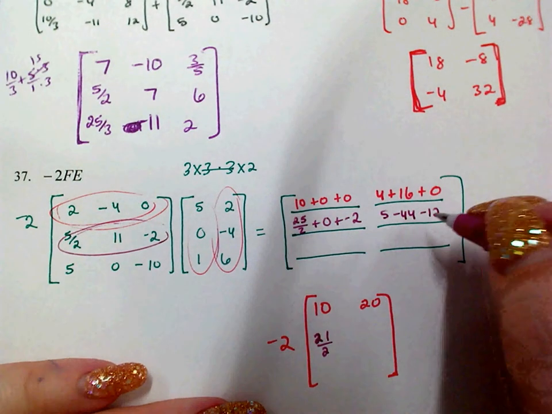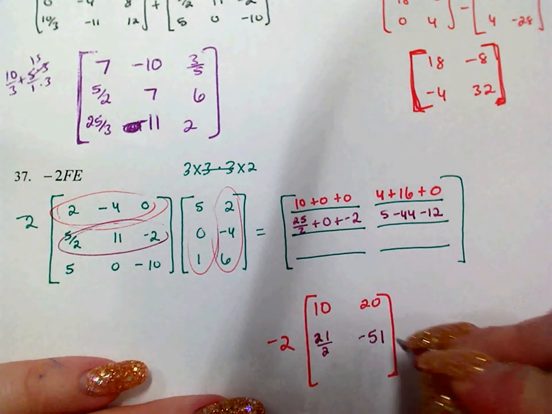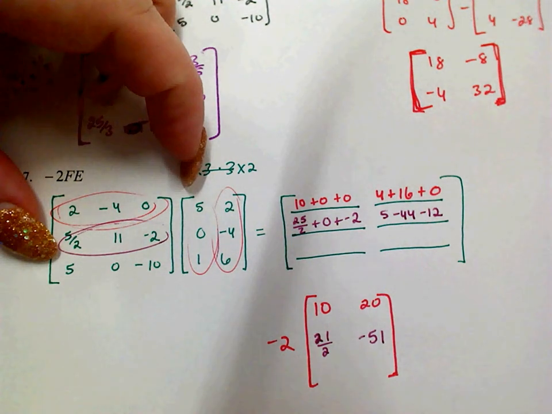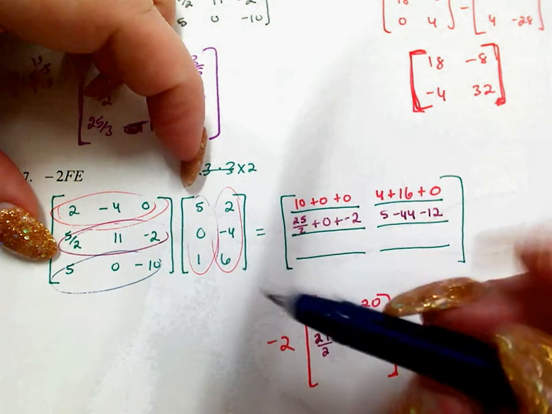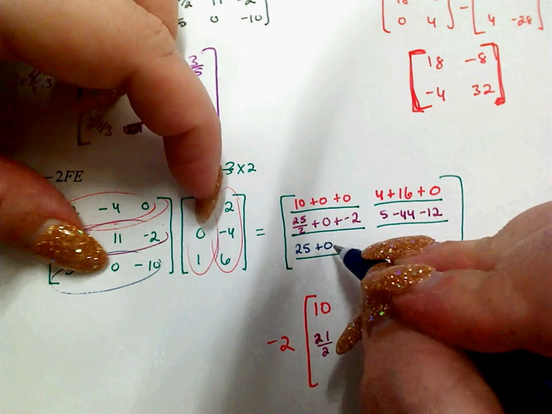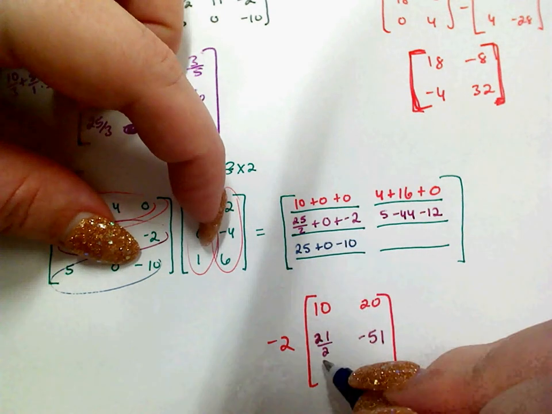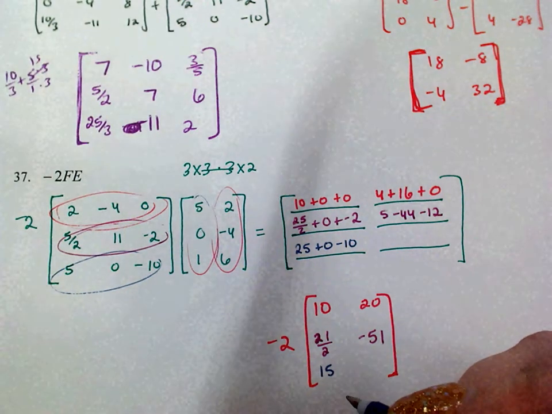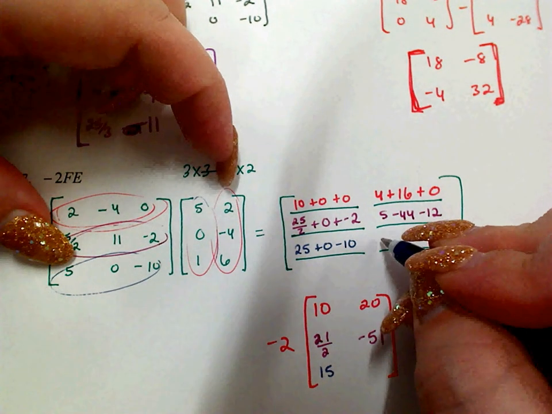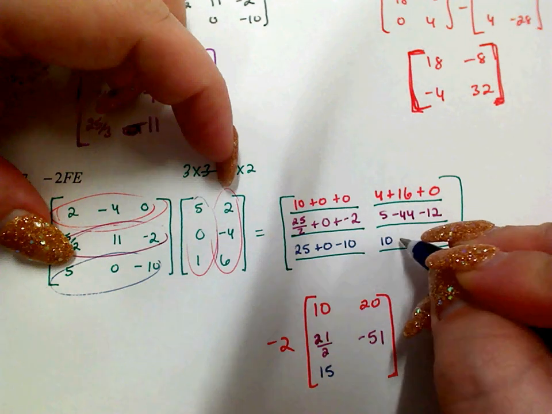And then row by column. Third row, first column, 25 plus 0 minus 10, that's 15. And third row, second column, 10 plus 0 minus 60, so that's negative 50.